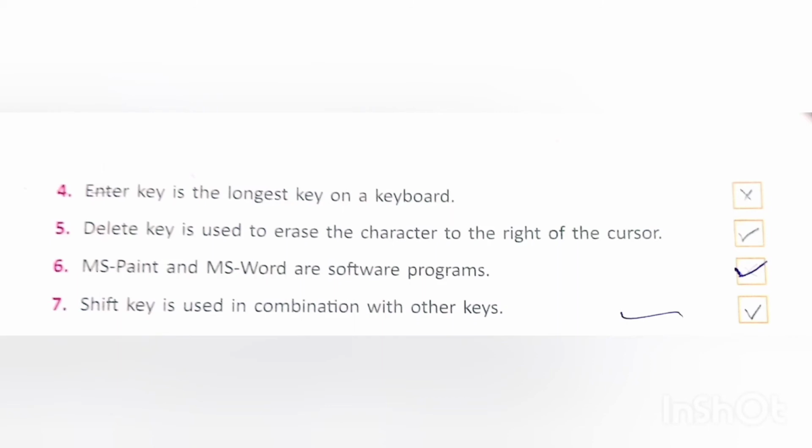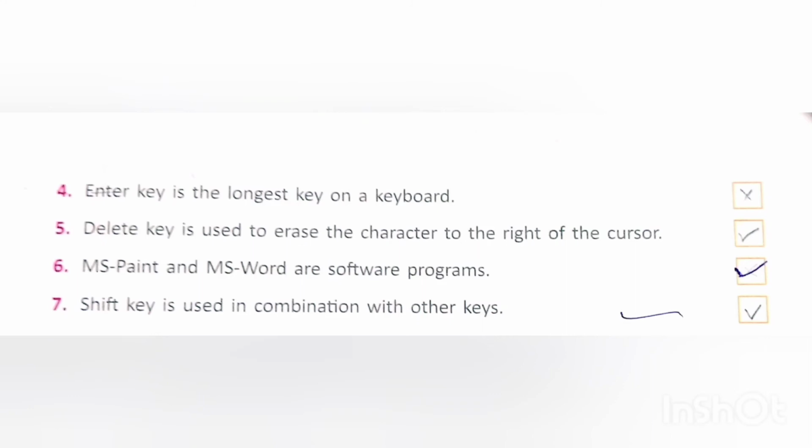Number 5, delete key is used to erase the character to the right of the cursor. Yes, delete key is used to erase the character to the right of the cursor, and backspace key is used to erase the character to the left of the cursor. So this is correct. Number 6, MS Paint and MS Word are software programs.